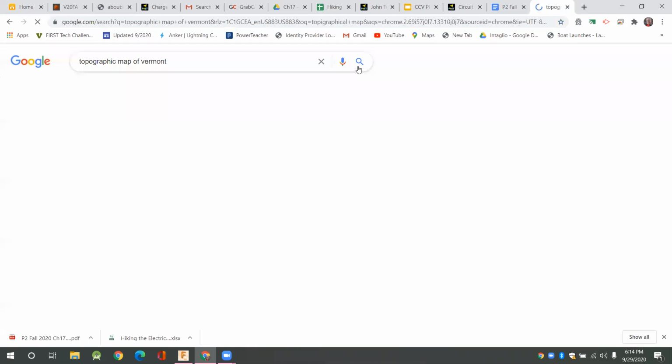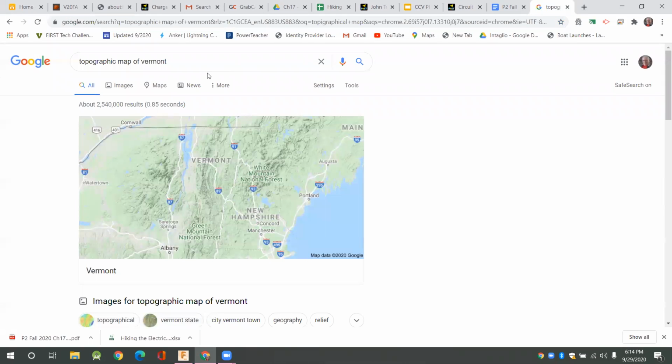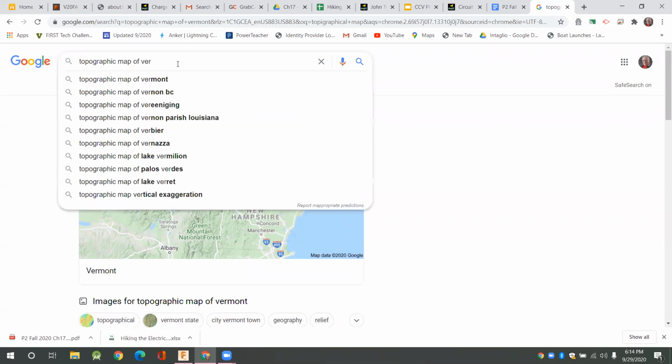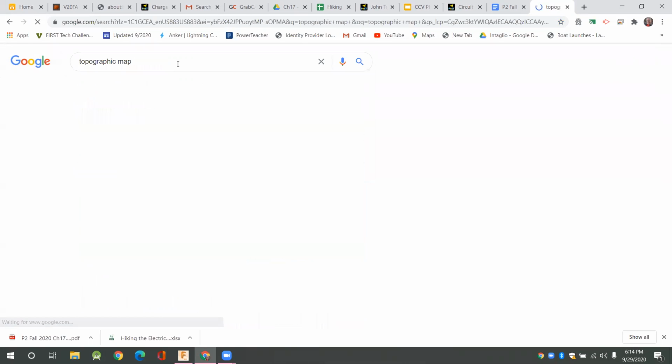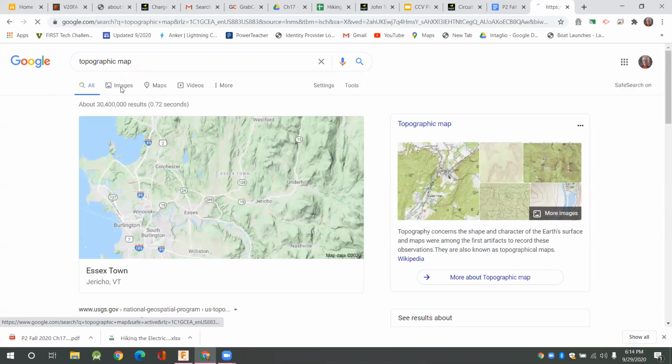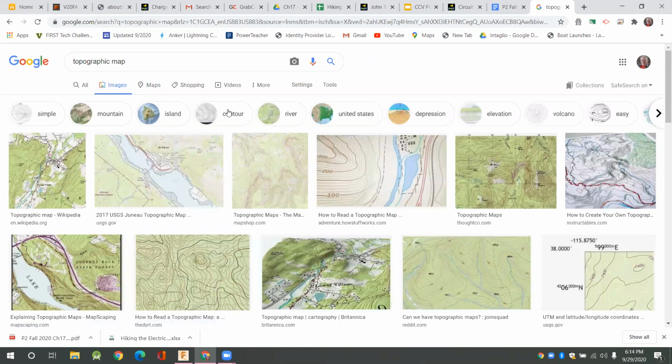So this is showing the layout, but let's get a more generic one. And let's go to images. Okay, so here's a good example. This shows lines of equal elevation.